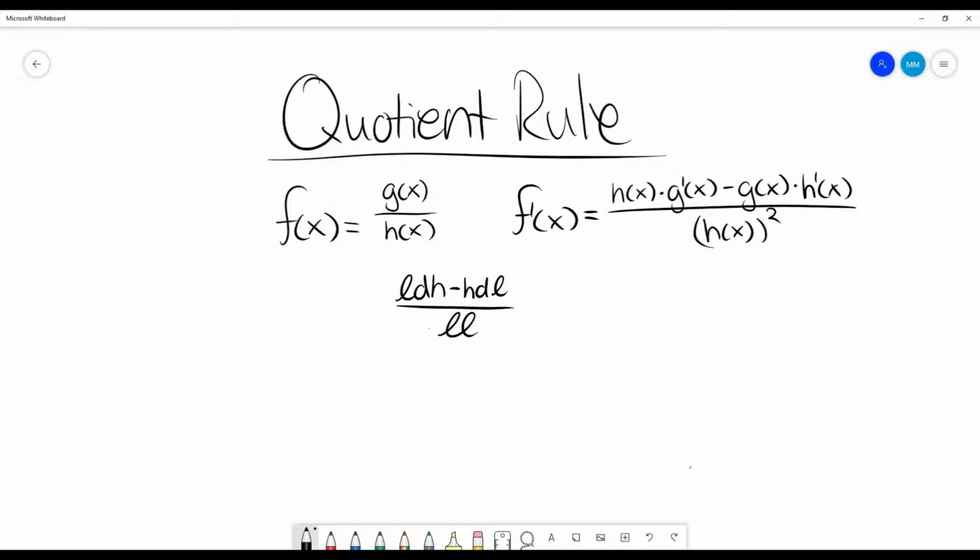That might not be helpful, might just be easier for you to try and memorize this, but this is how I personally remember it, and you'll probably see me writing this out a lot when we use quotient rule, just because it helps me personally.